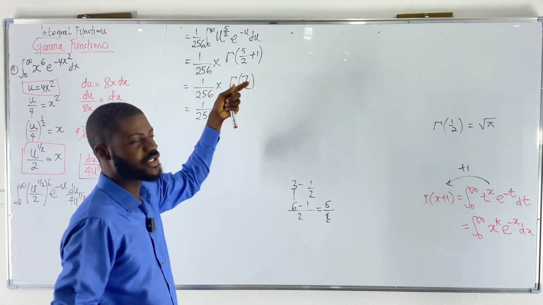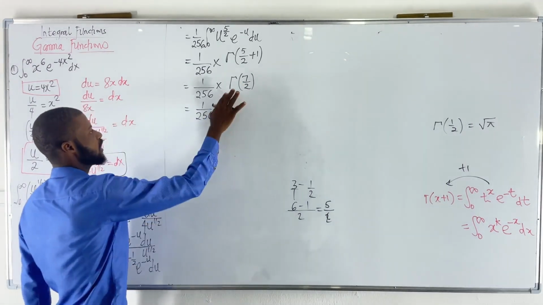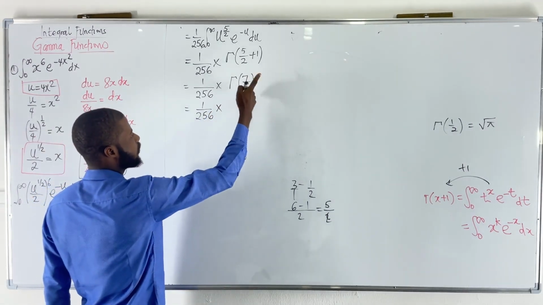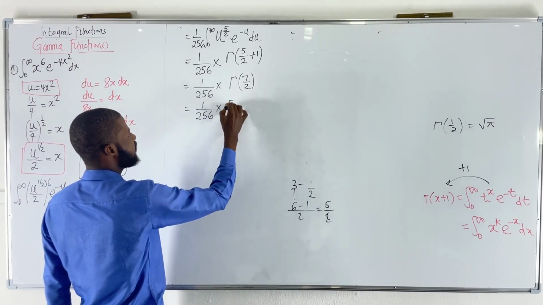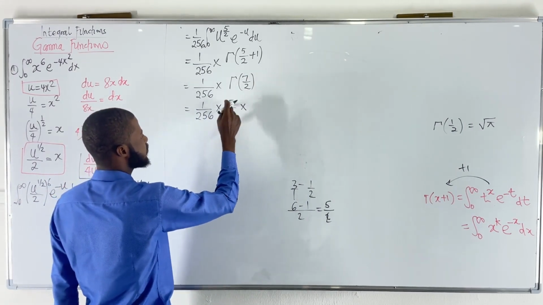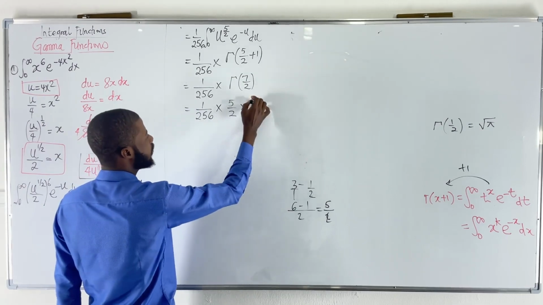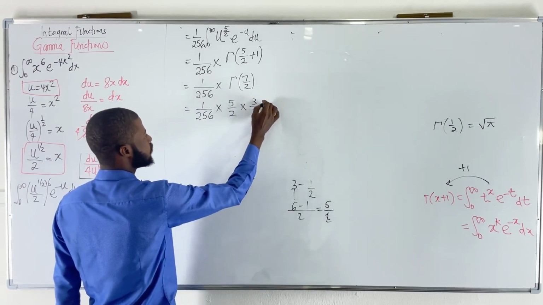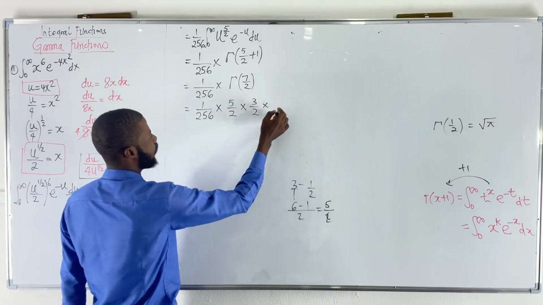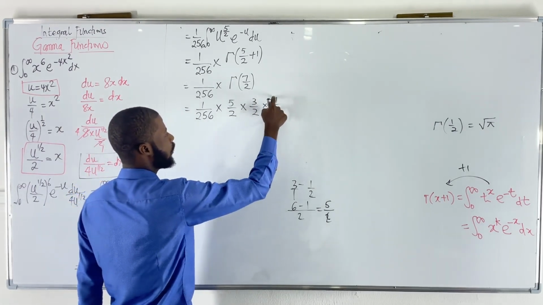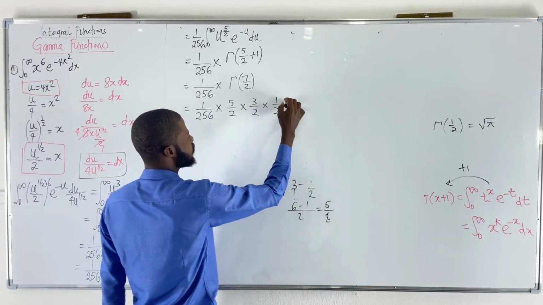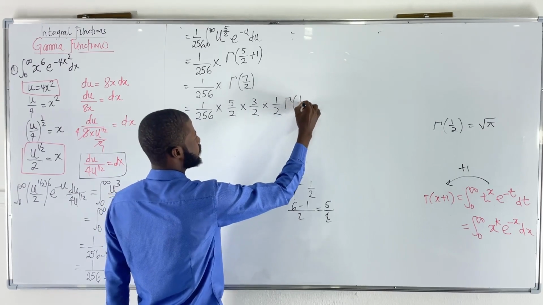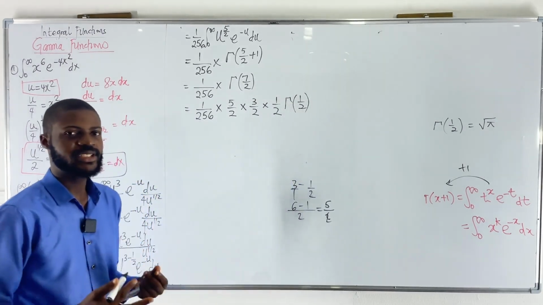Anything that's over 2 can actually be solved. So what we're going to say here is the gamma of 7 over 2. What are we going to say? This will become 5 over 2 times 5 over 2 minus 1. That's 3 over 2. 3 over 2 minus 1, that's 1 over 2. When you get to 1 over 2, this will be 1 over 2 gamma 1 over 2.